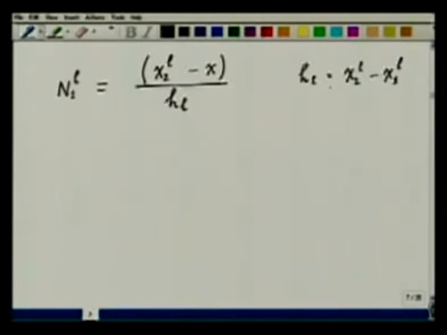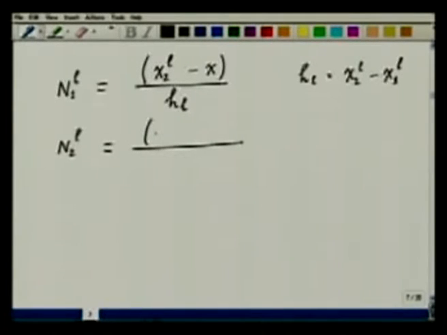That is, the size of the element is HL given by x2L minus x1L. And note that here what happens when I put x1L, that is at the point x is equal to x1L, I get N1L is equal to 1, and at the point x is equal to x2L, N1L is equal to 0.